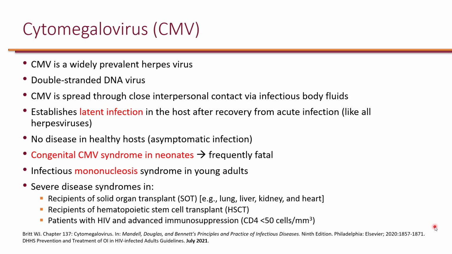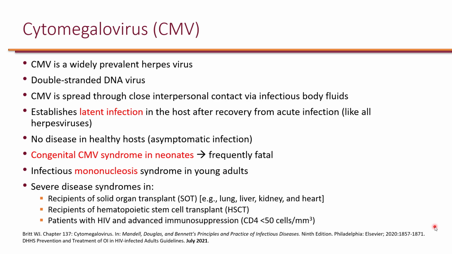Now, it does cause congenital CMV syndrome in neonates, which could be fatal for neonates, and it can cause infectious mononucleosis in young adults, essentially manifesting as fever, malaise, and myalgias. Now, the real problem is when we go from CMV infection to CMV disease.